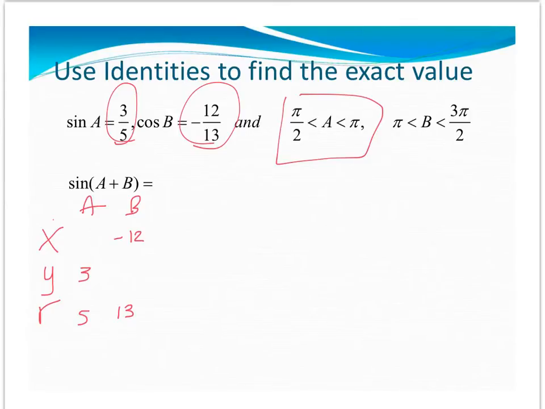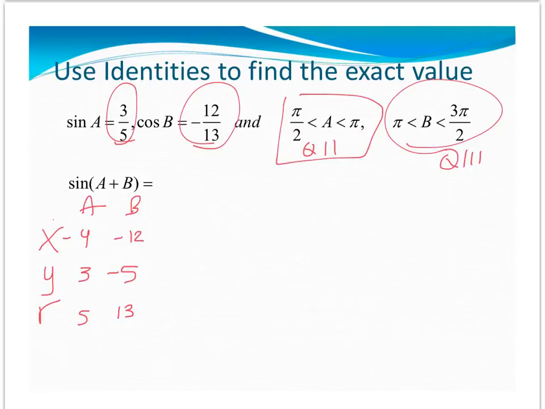This information here tells me that angle A is in quadrant 2 and angle B is in quadrant 3. And that's useful because we know that for angle A, X is negative, and for angle B, both X and Y are negative. We can now fill in the missing values using our Pythagorean triples.